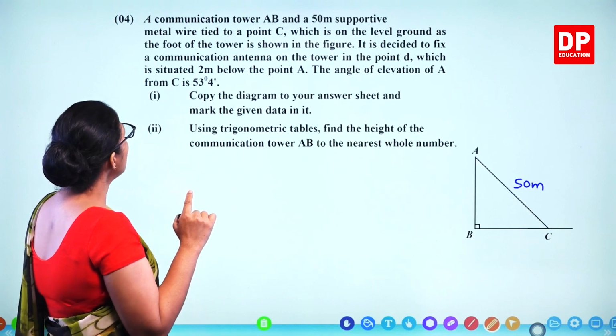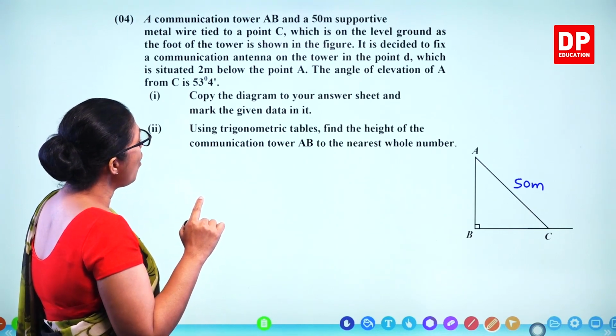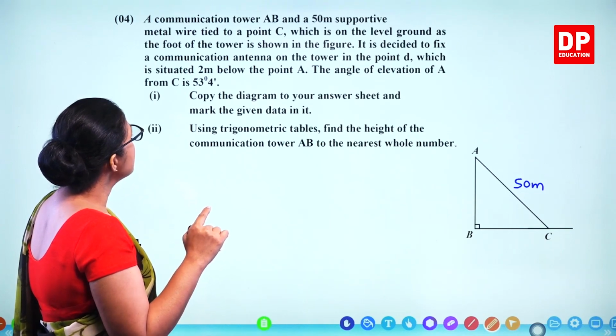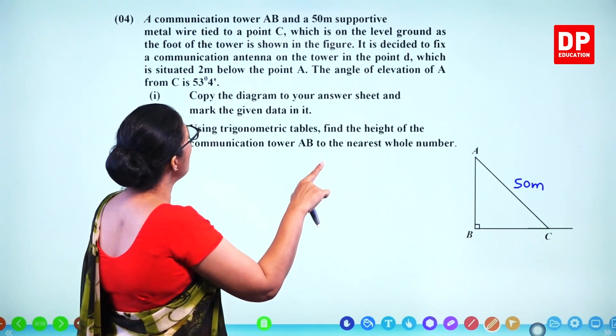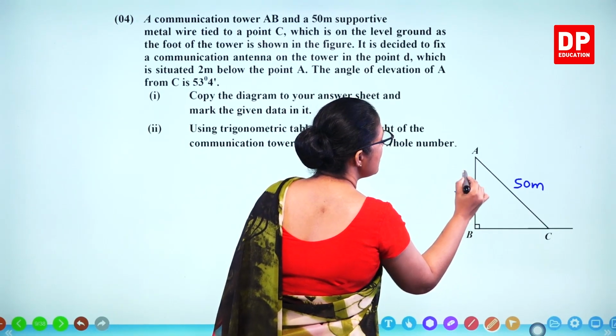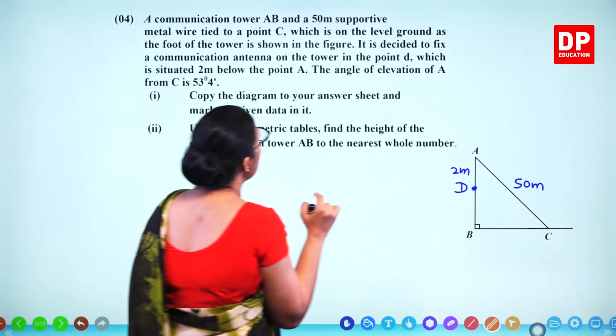It is decided to fix a communication antenna on the tower at the point D, which is situated 2 meters below the point A. So we'll take this one as D, 2 meters below the point A.